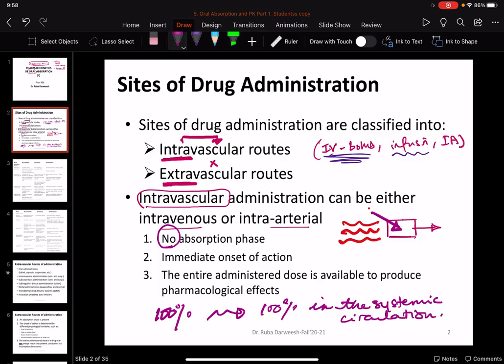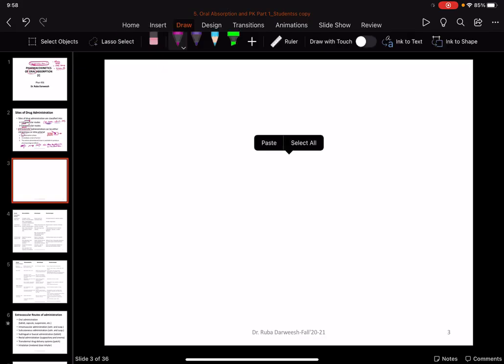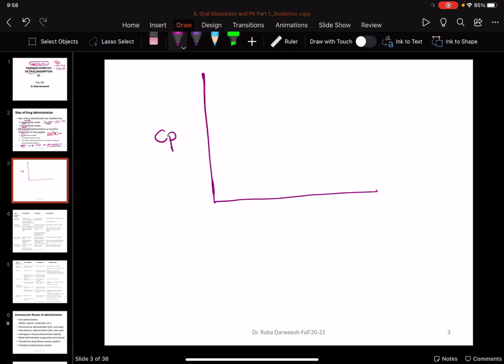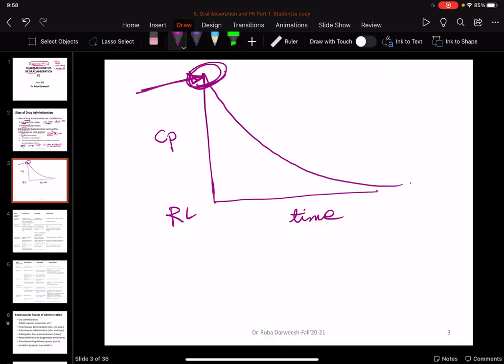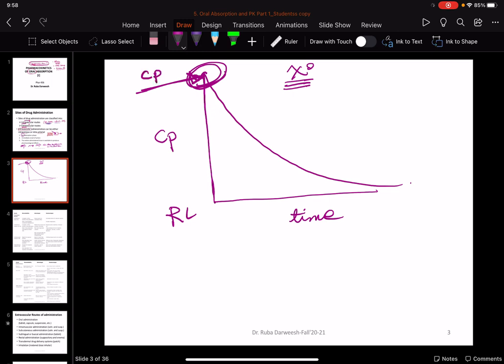We had an immediate onset of action. If we are talking about profiles, concentration in the plasma versus time, we will have this rectilinear profile. Whatever effect we have, we have it directly, because the amount, which is the dose given, is directly entering the system. So our C naught was the initial concentration that we have according to the initial amount taken, which is the dose.